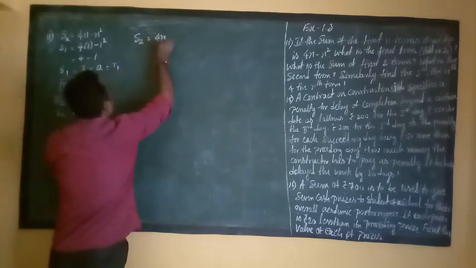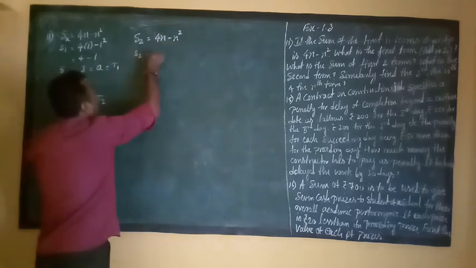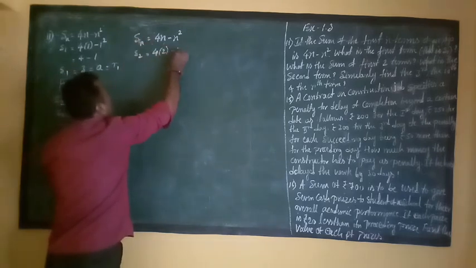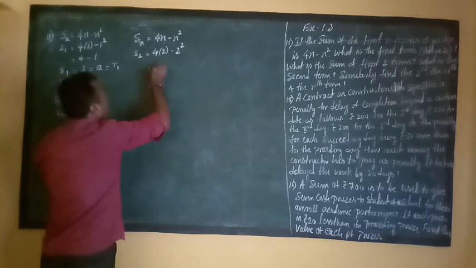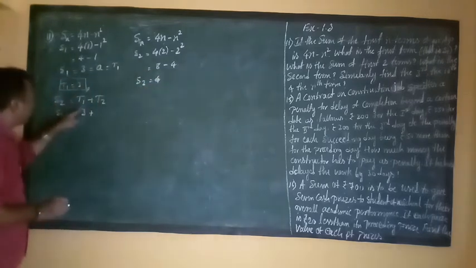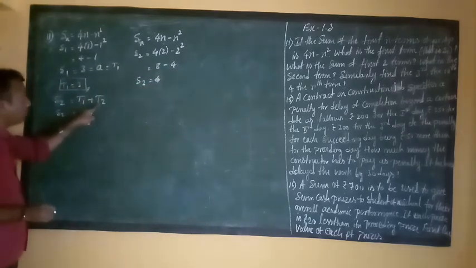Again 4n minus n square. So here S2 is equal to 4 into 2 minus 2 square. So 4 2s are 8, minus 2 square is 4, 8 minus 4 is 4. This is S2. So S2 contains T1 plus T2. So we want to calculate T2.